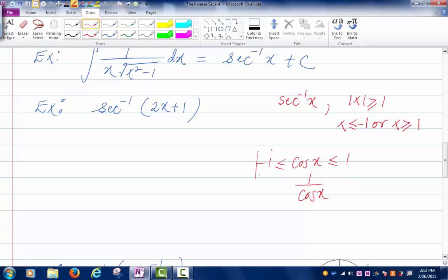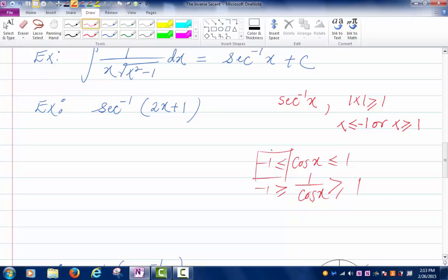Well, forget about this thing for now. Is that making sense? And what's going to happen on the other side? Yes, it is going to be less than, right? So it means that secant is either bigger than 1 or less than negative 1.